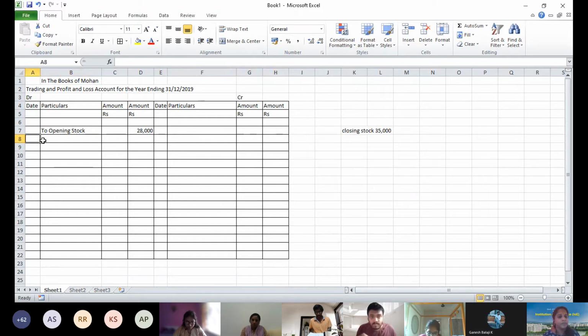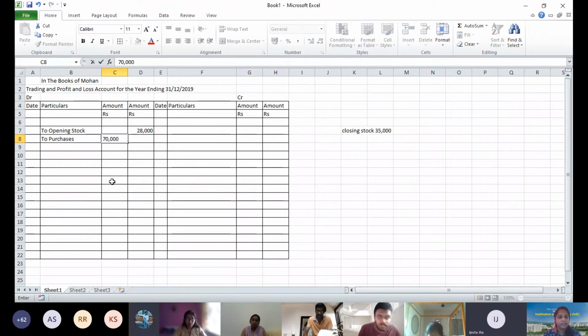So to opening stock, what is next? Purchase, according to the problem. 70,000. What is the purchase return?